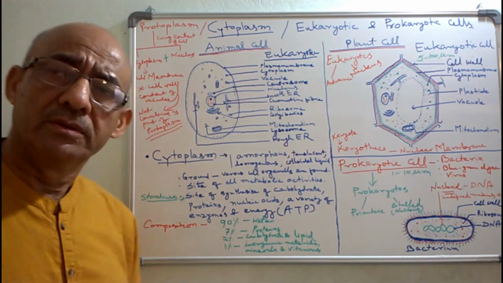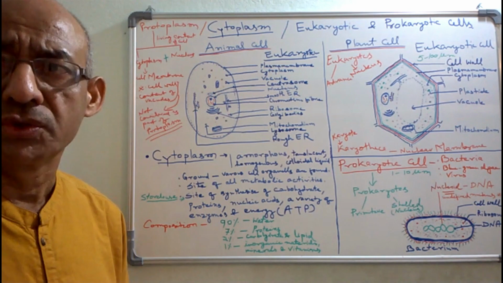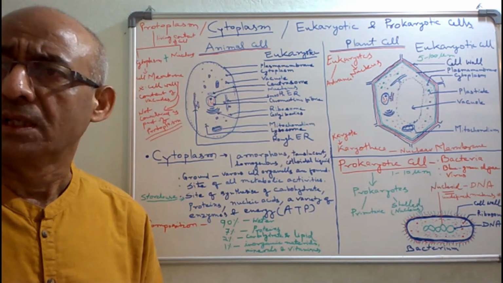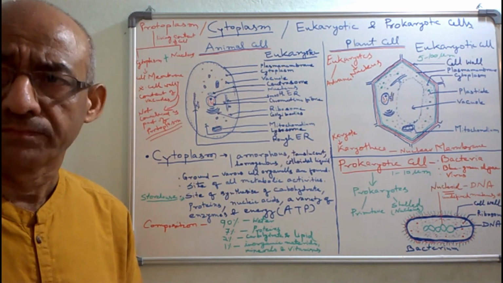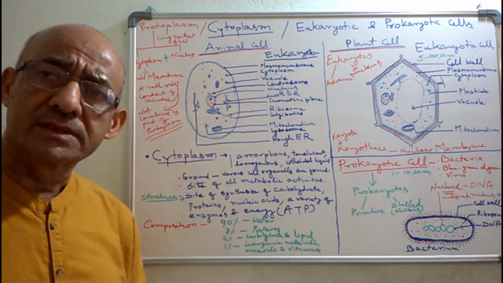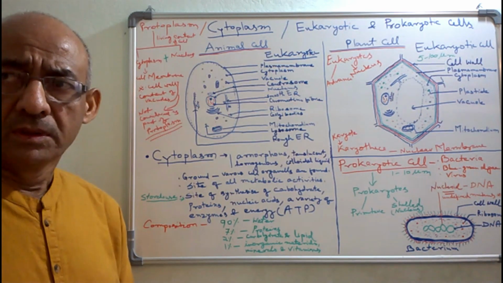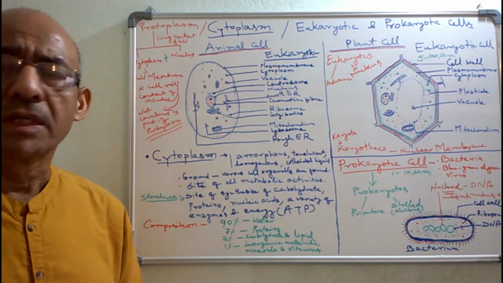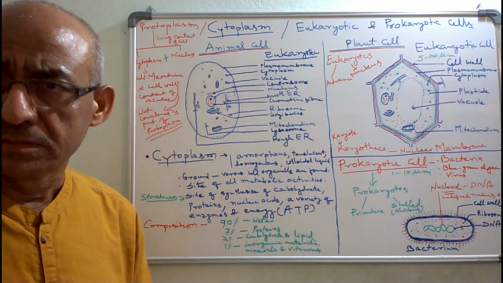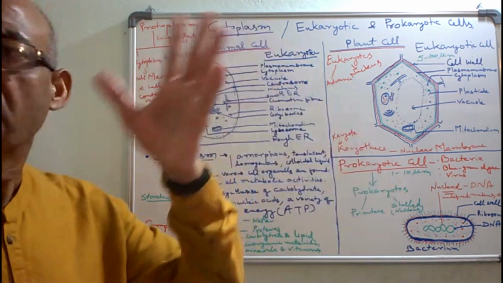This liquid serves as a medium, as a ground in which all the cell organelles are scattered and found. And it is the site where all the metabolic activities are continuously going on.